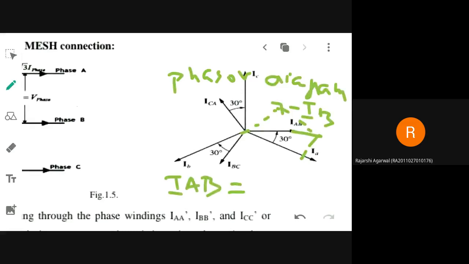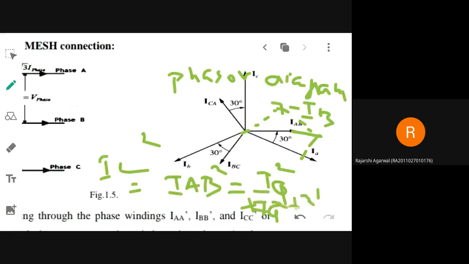IL squared equals phase current squared plus phase current squared plus 2 I phase squared, then what is the angle? Cos 60. Same way you need to derive. Okay, what will be the answer that you will be getting? Root 3 into I phase. IL is equal to root 3 into I phase.